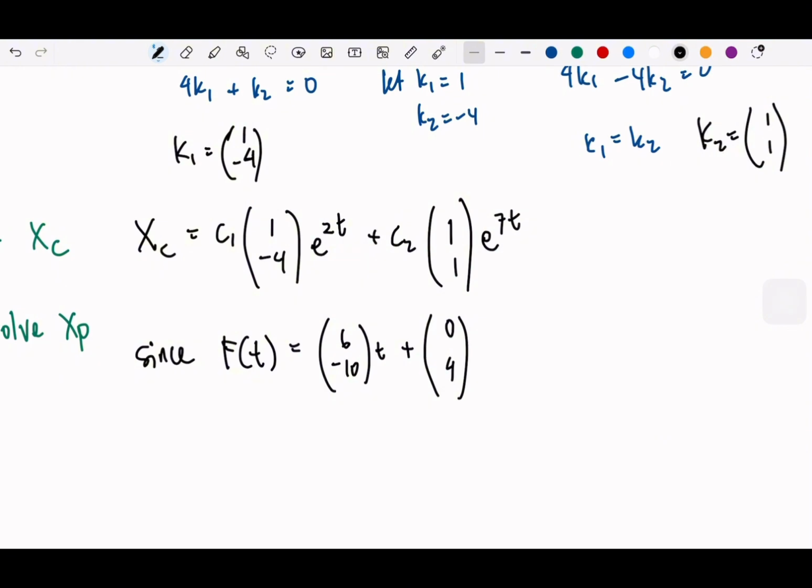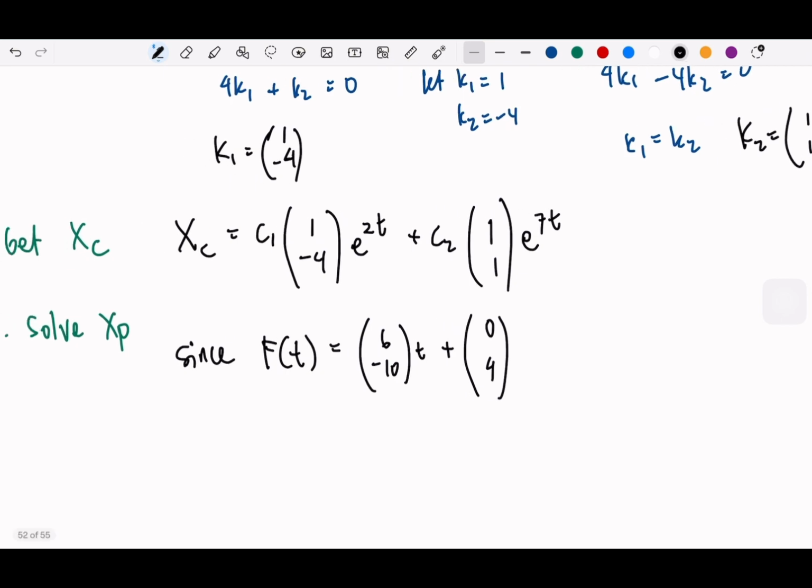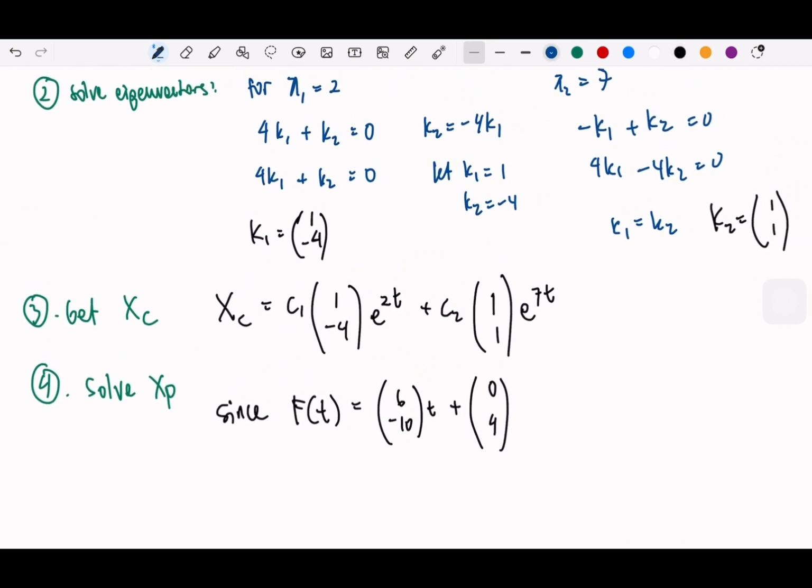So based on this structure, we can assume that the xp will relate to this structure, which is a constant here, t, and then how we name the A1, B1, it's up to you, basically.